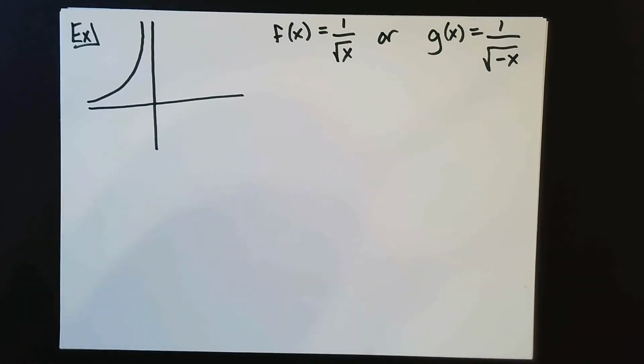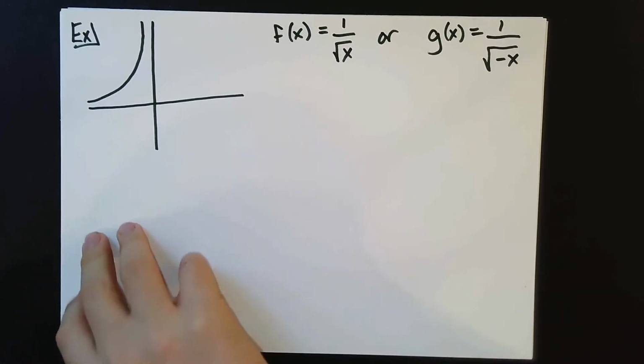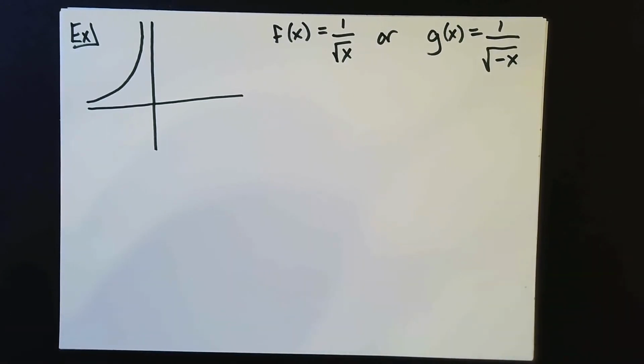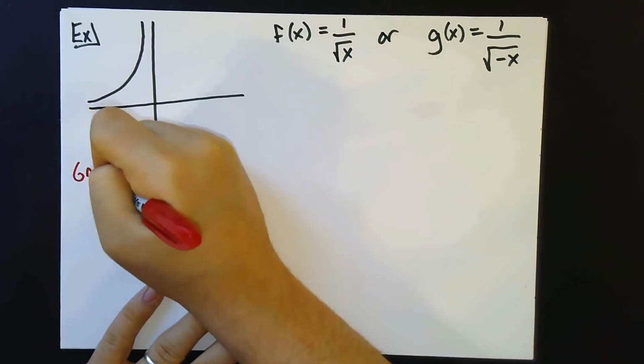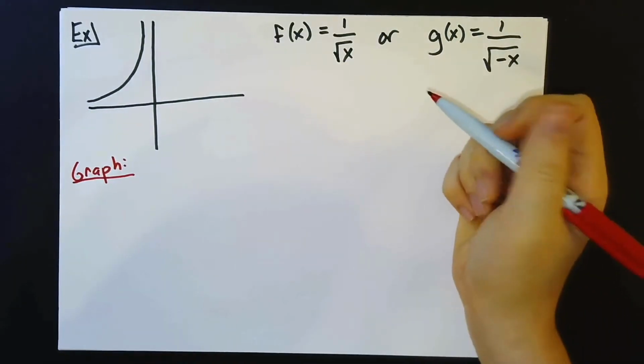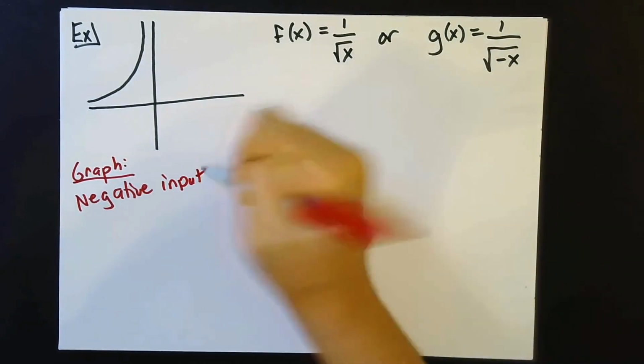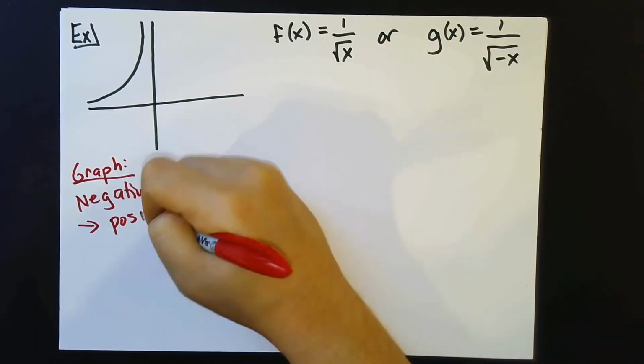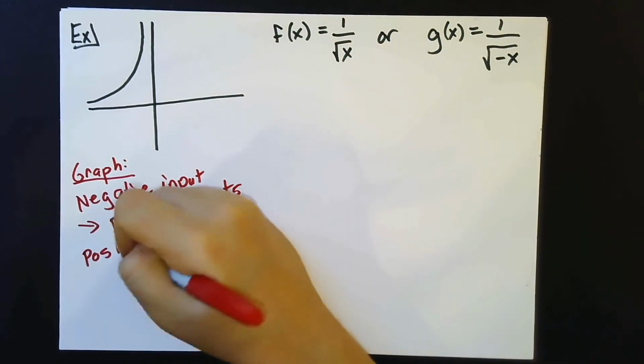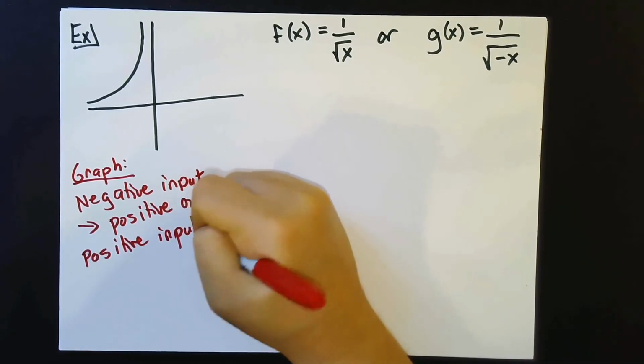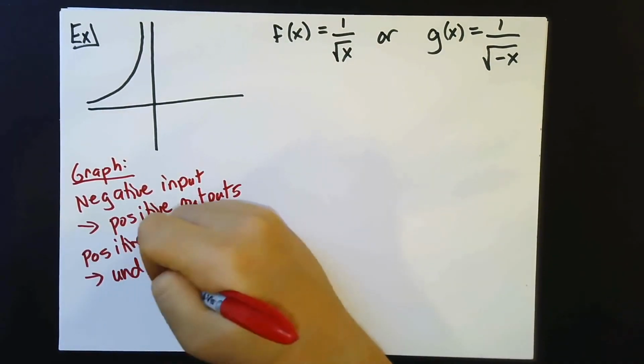Okay, so here we have one more example of using positive, negative, and undefined inputs and outputs. Here, if I look at the graph, I see that negative inputs give positive outputs, and I see that positive inputs give undefined outputs.